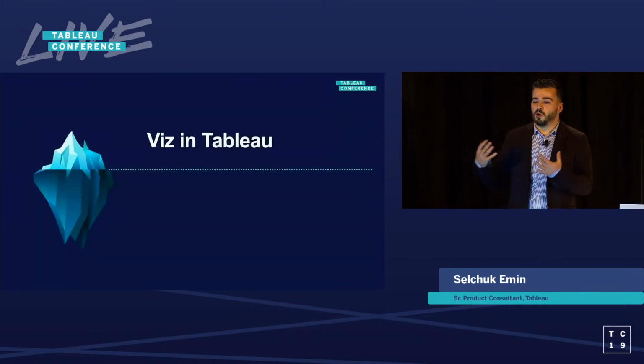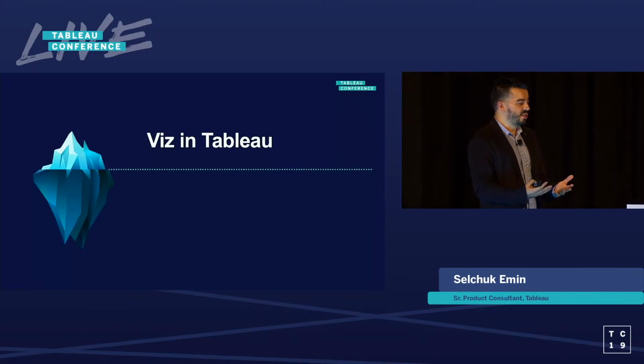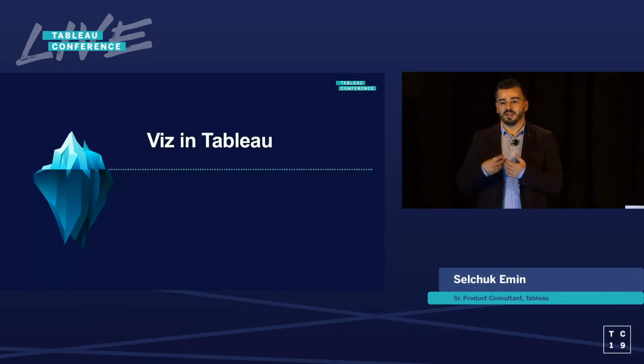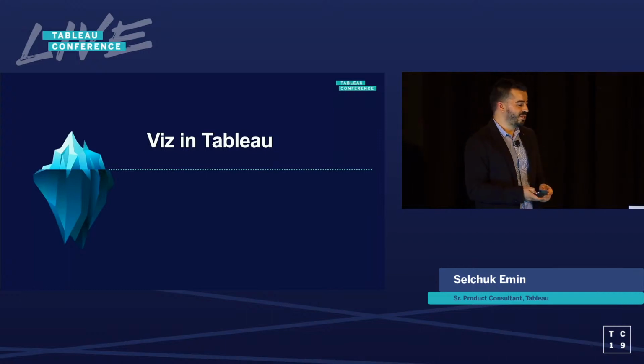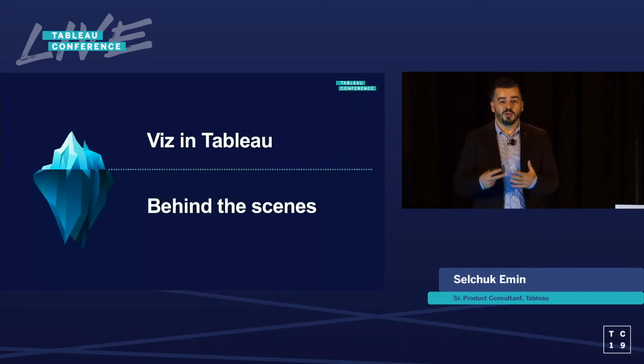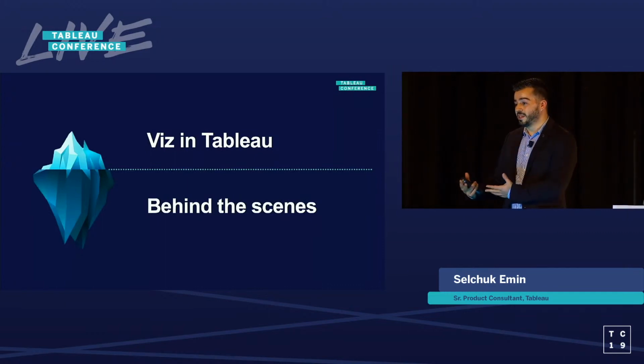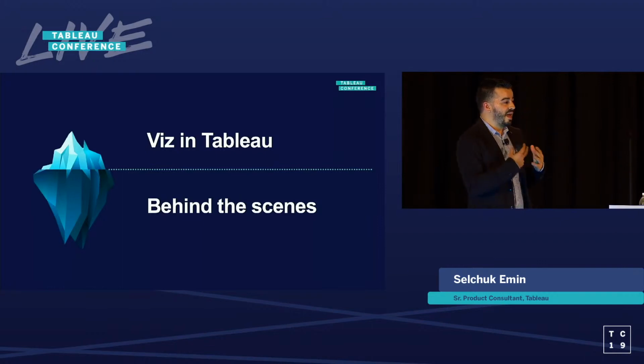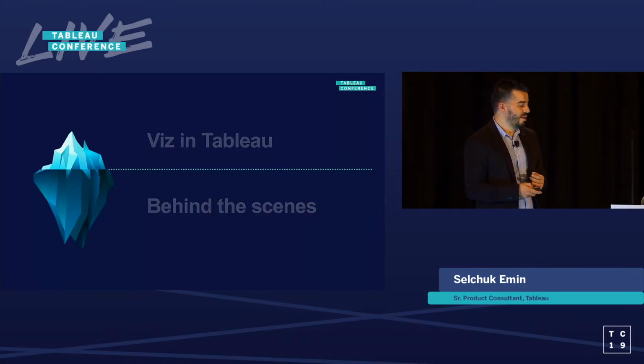In Tableau, when we open Tableau, we see a visualization. It's a simple interface with drag and drop and you immediately create a nice visualization. But actually, a lot is happening behind the scenes. So we need to understand what's going on behind the scenes so that we can understand what Tableau is giving us as a result.